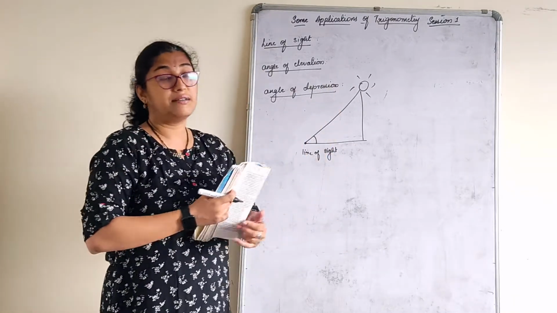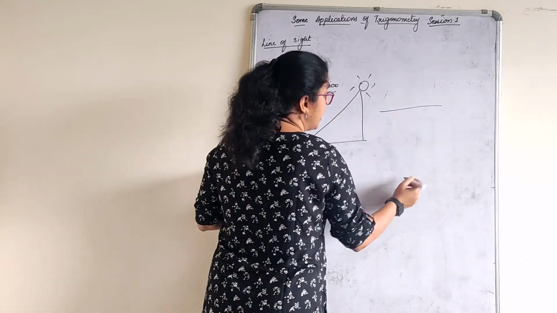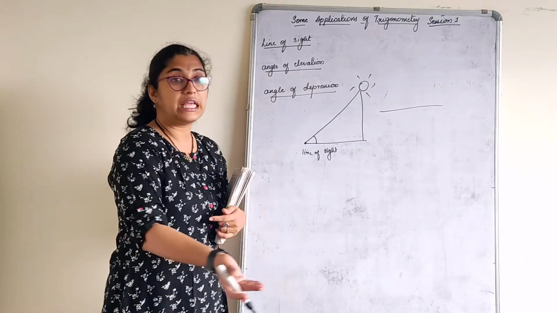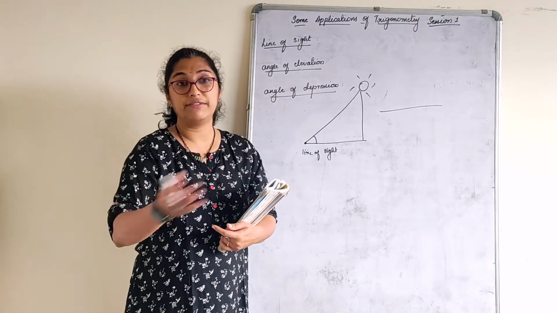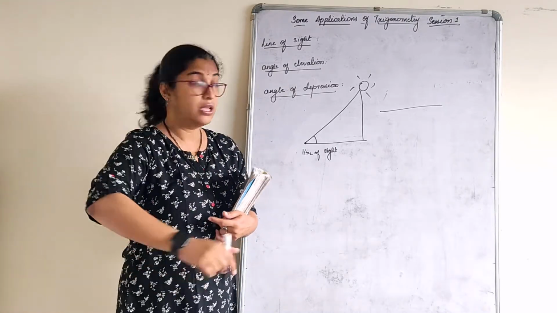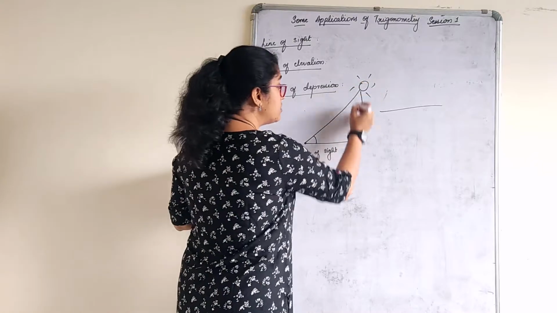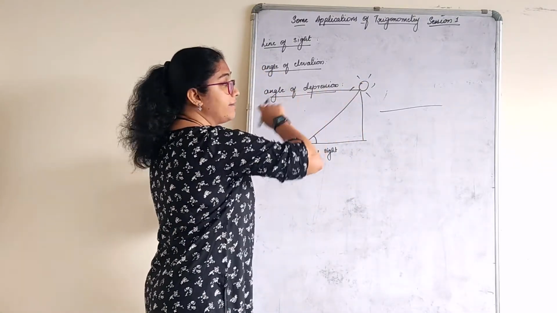Next is angle of depression. Assume that you are standing on a bridge and you have to look at a boat which is sailing in the river. When you see the boat, you have to look down. The observer has to look down with respect to this line that we draw.